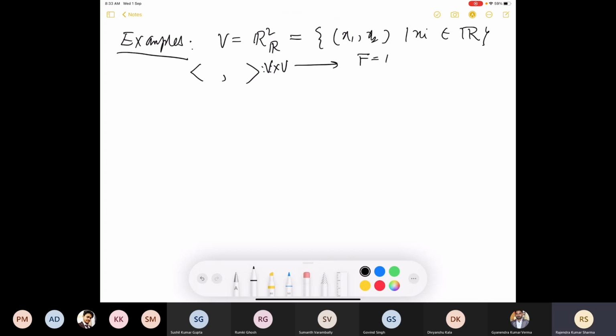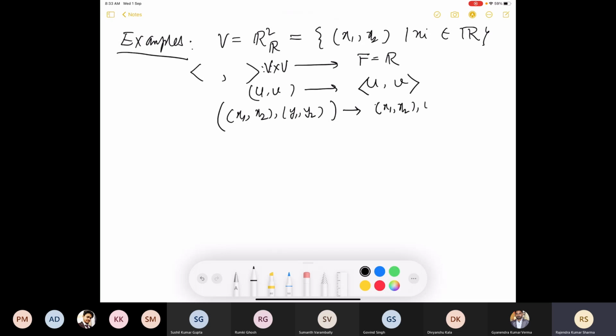F is here R. As the vectors u comma v going to the inner product of u and v, and if u is say x1, x2, and v is y1, y2, then the inner product was defined as x1 y1 plus x2 y2.